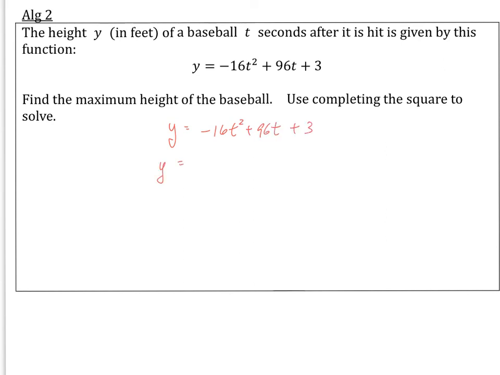And I'm going to factor out -16. Okay, and then I'm going to complete the square. -6 divided by 2 is -3. So I'm going to add -3 squared, which is still +9.